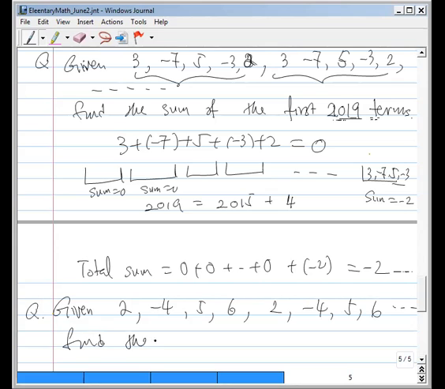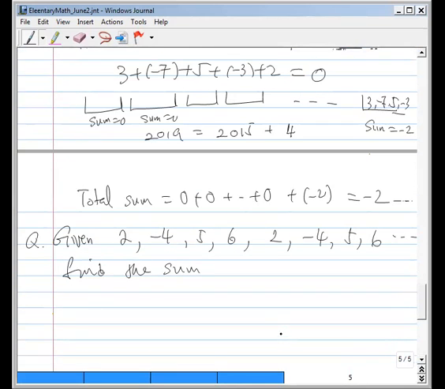Find the sum. You probably need a calculator this time. Find the sum of the first 102 terms. Okay. Please do it.